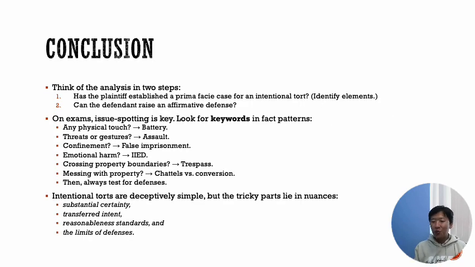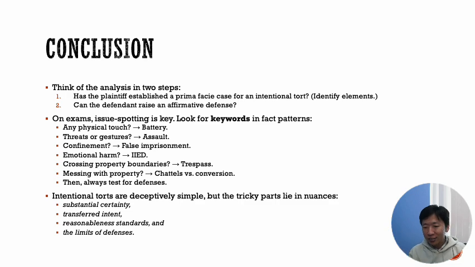Okay, so we have talked about the intentional torts and the affirmative defenses. Now we're going to have a summary. First, when you're doing the analysis, always think about two steps. The first one: has the plaintiff established the prima facie case for an intentional tort?